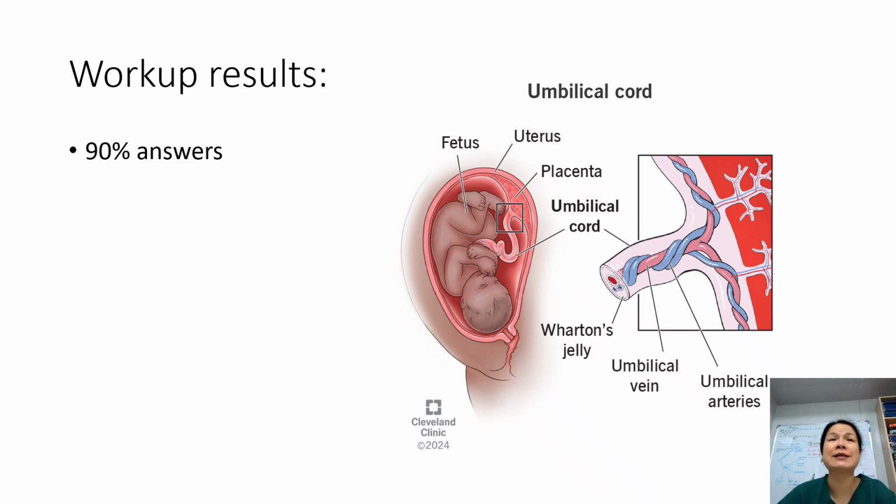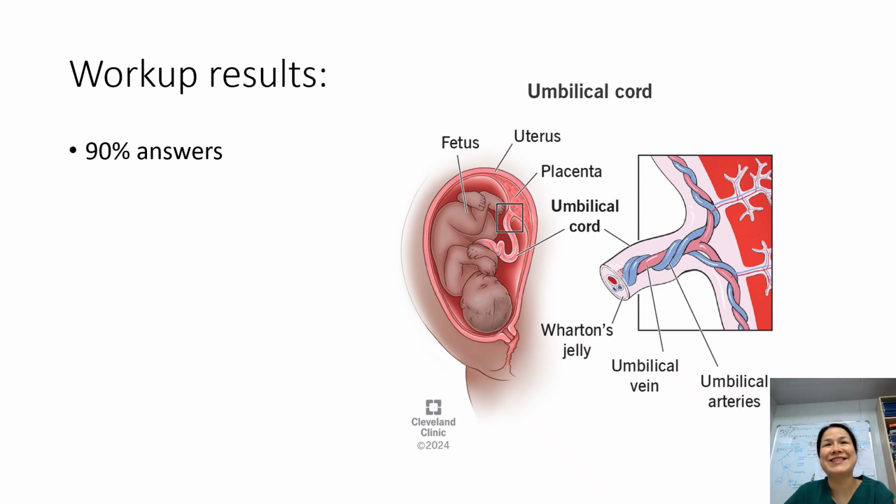About 60% of you put an answer into our website for the workup question, and 90% of the replies said that mesenchymal stem cells in adults can be found in the umbilical cord of the mother and baby.